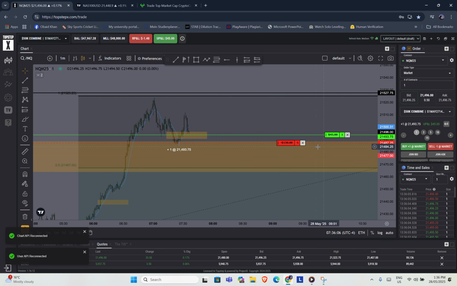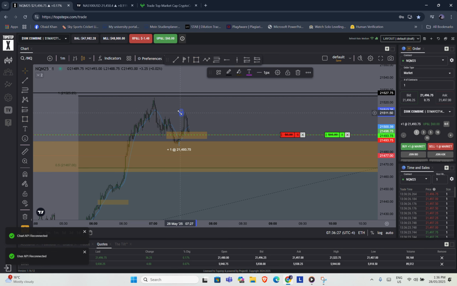So I think I will get out here. I don't want to lose my money. I speculated it to go up. It just took out this liquidity and came back down. So it looks like it tapped into this fair value gap and got rejected.